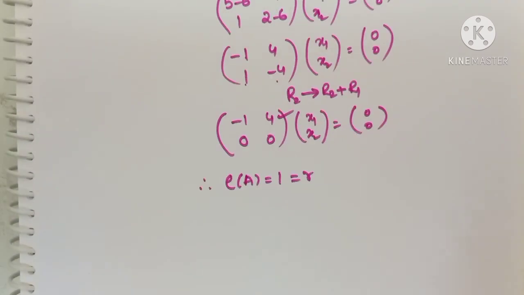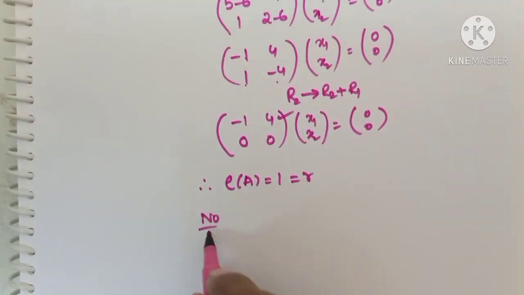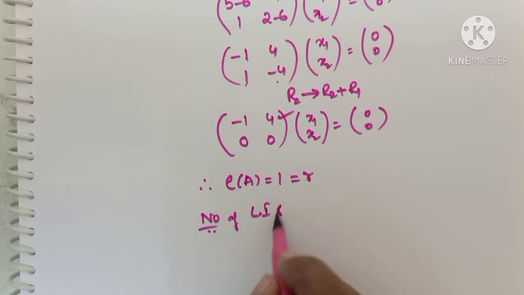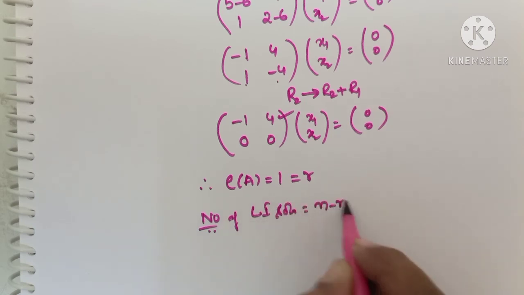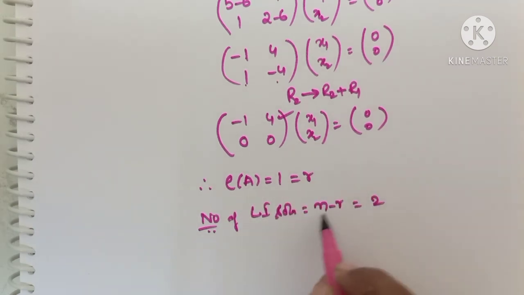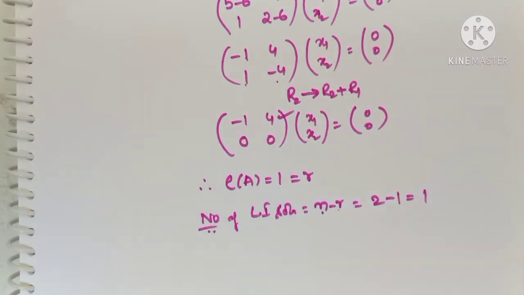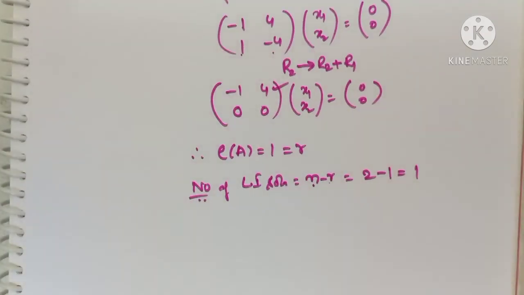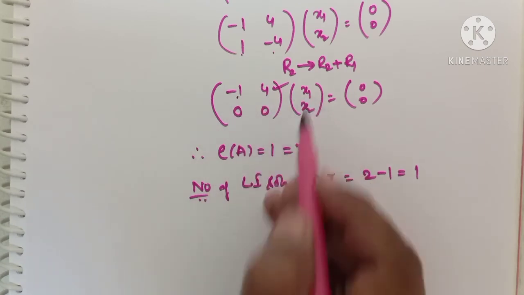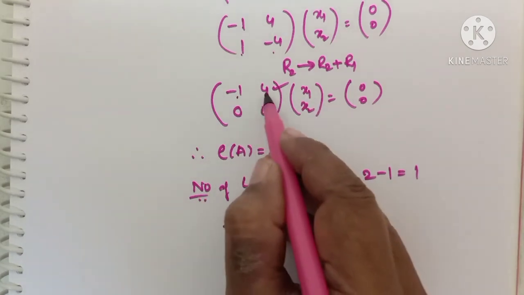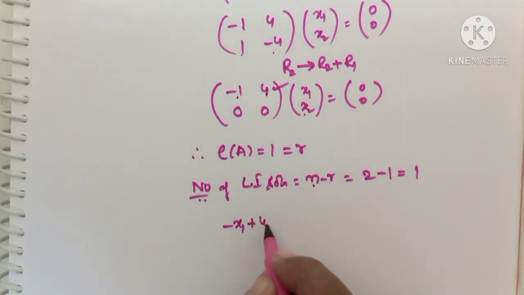And the number of linearly independent solutions is given by n minus r. N is number of variables, 2, and r is rank. 2 minus 1 is 1. Therefore, we are getting only one linearly independent solution. The solution is minus 1 into x1 plus 4 into x2 equal to 0.